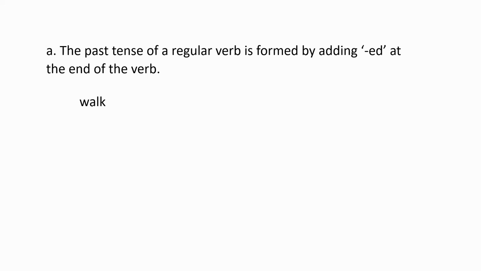We have the base verb walk. Walk becomes walked. So we add ed at the end of the verb walk. Example sentence: I walked to school this morning. As you can see guys, we just add ed to form its simple past.